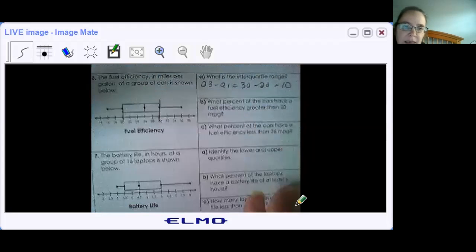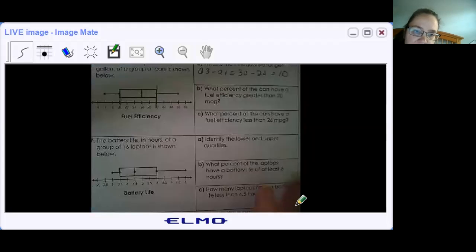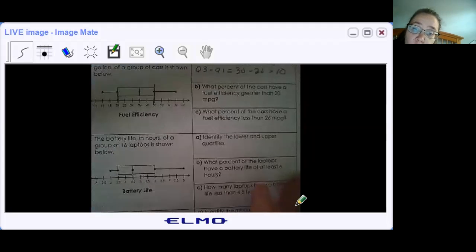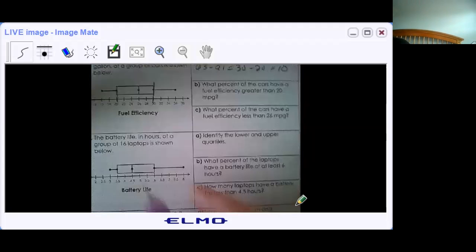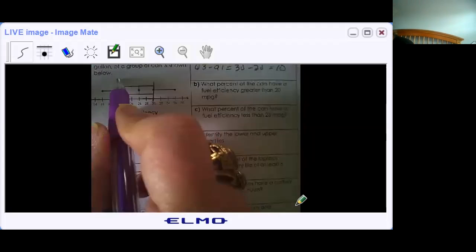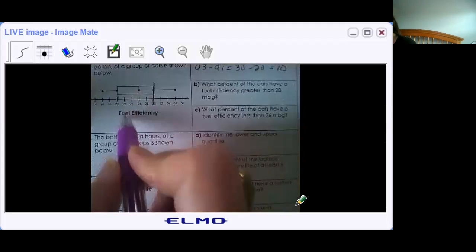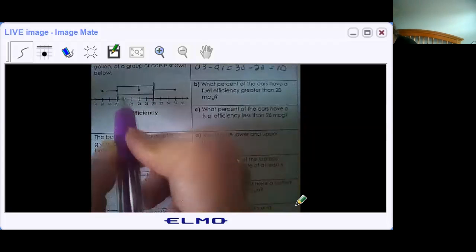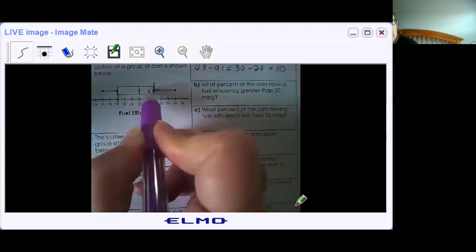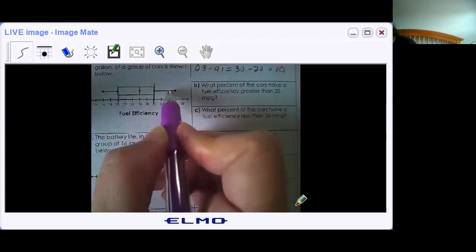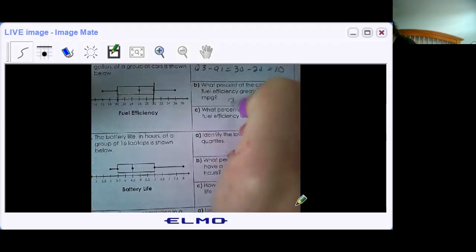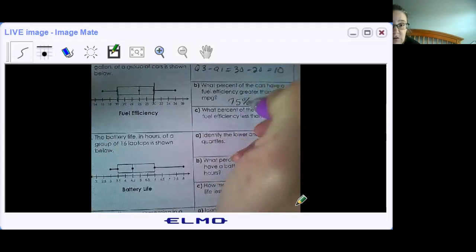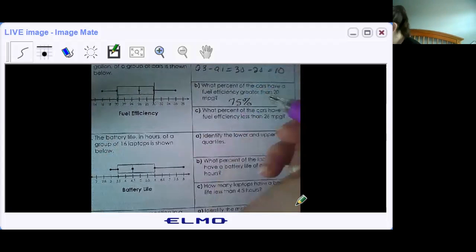Okay, and it says what percent of the cars have fuel efficiency greater than 20 miles per gallon? Well, 20 miles per gallon is right here, and greater than means bigger than. So I have 1, 2, 3 sections of the graph, which means that 75% have a fuel efficiency greater than 20 miles per gallon.